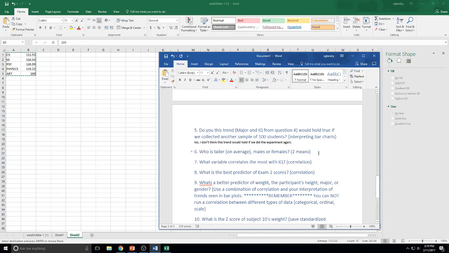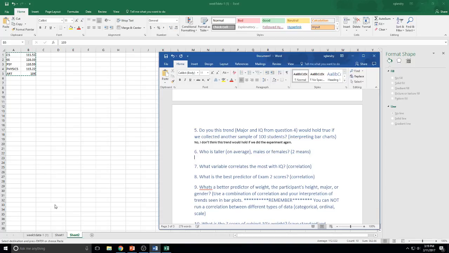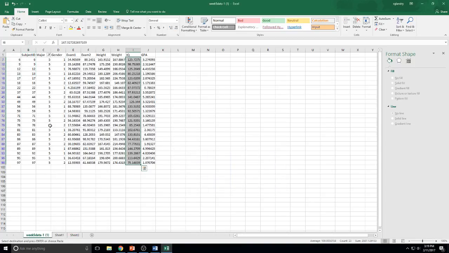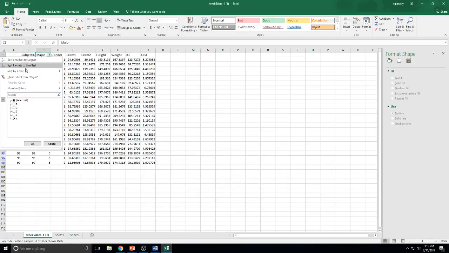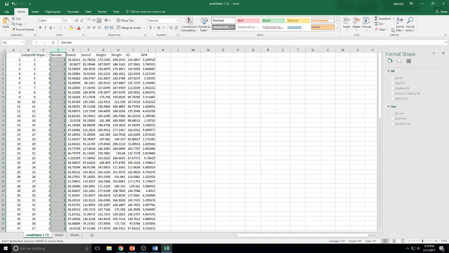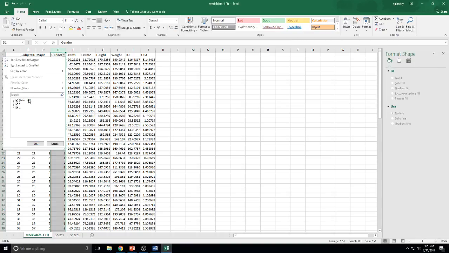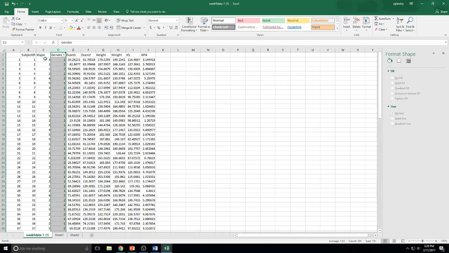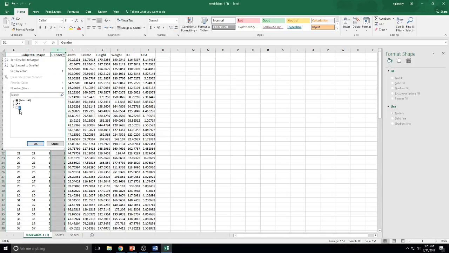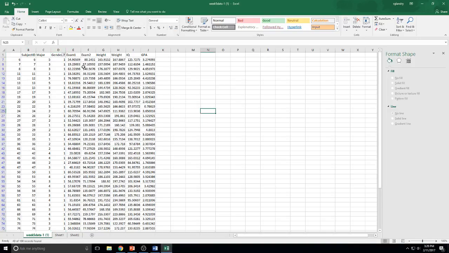again. Alright, who's taller on average, males or females? Great. So let's clear that filter. Let's add a filter for gender. One. I only want to see one. And what are we talking about? Height.